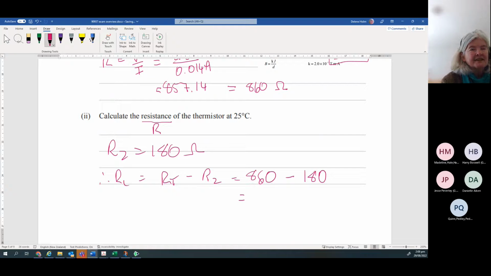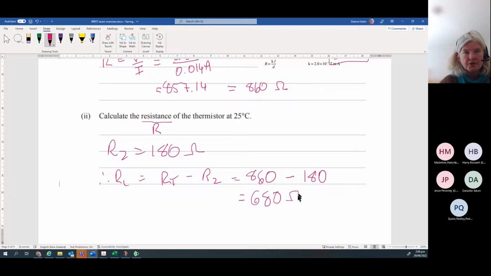680, great. Now please, whenever you, so there was 860 and there was 680, and I thought, oh, what have I done something wrong? Whenever you do a calculation, always ask yourself, how many figures do I write down? Like here, you didn't write down all the figures, you rounded them off. Do I have a unit?